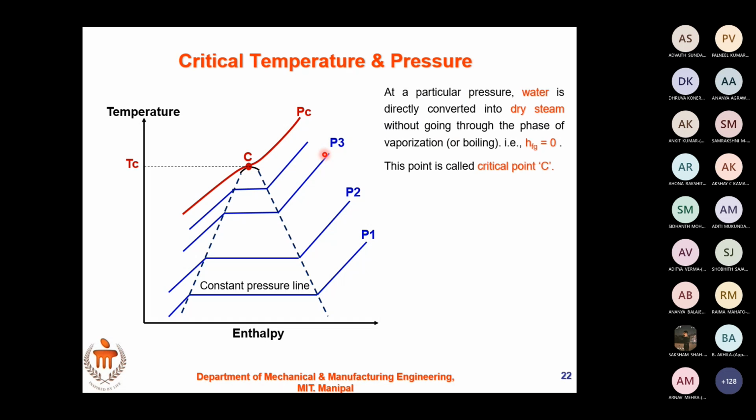Someone asked whether this is related to the amount. There is something called intensive property and extensive property. I think you have studied them in thermodynamics. Is temperature intensive or extensive?